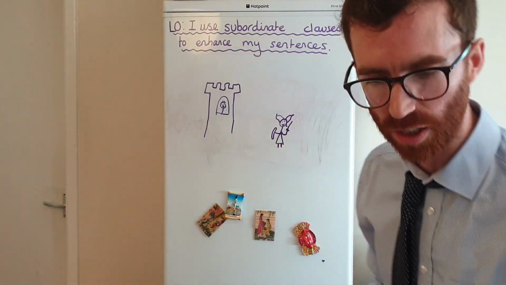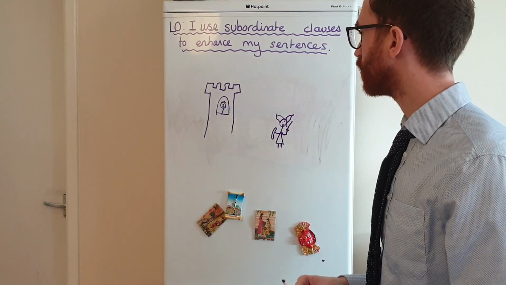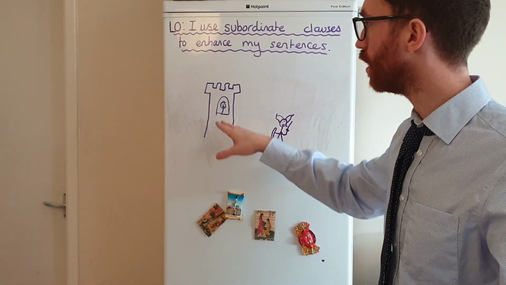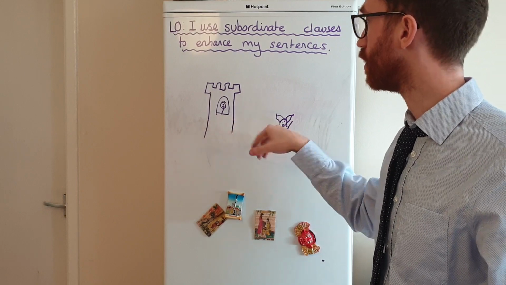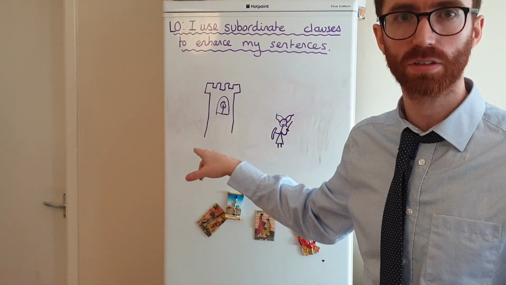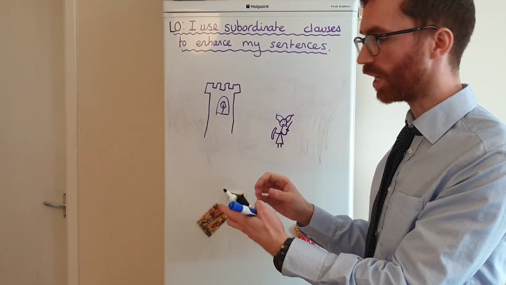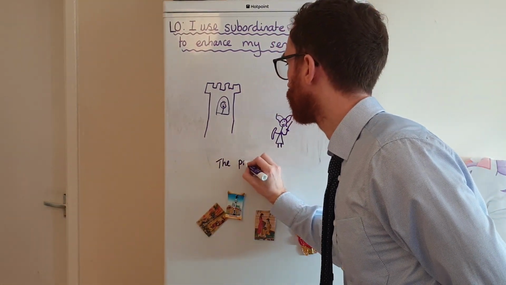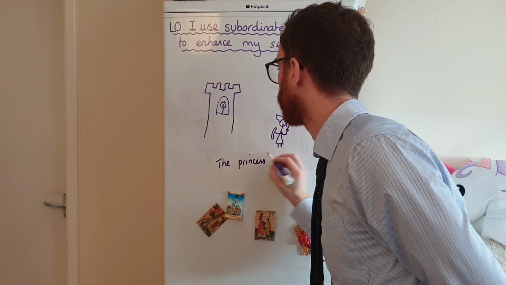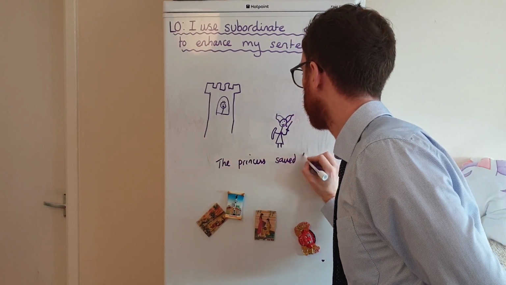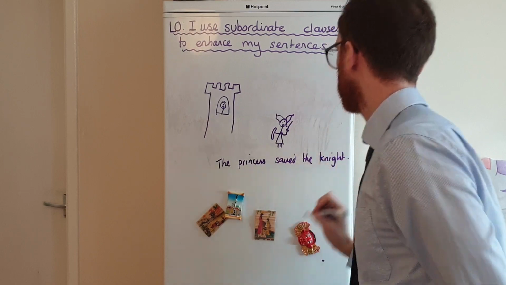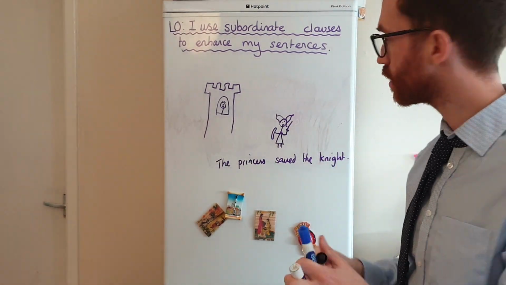A few sentence ideas I could have had for that. I could have said, because he was trapped, the princess saved the knight. Okay, so the princess saved the knight would have been my main clause. Why did she save the knight?